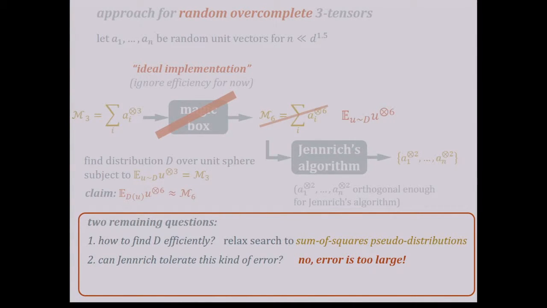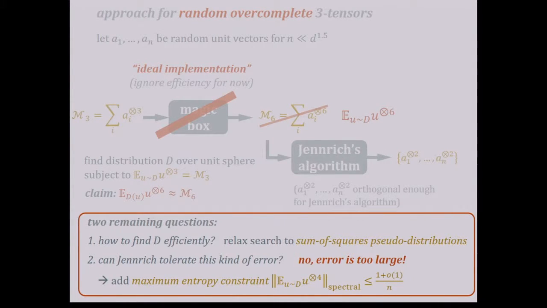It means that this kind of error can contribute a small number of very bad eigenvalues, and that will break Jenrich's algorithm. And in some sense, this is a problem because we think of implementing this magic box as a kind of search, so we don't really have much control over what kind of distribution we get from this box.